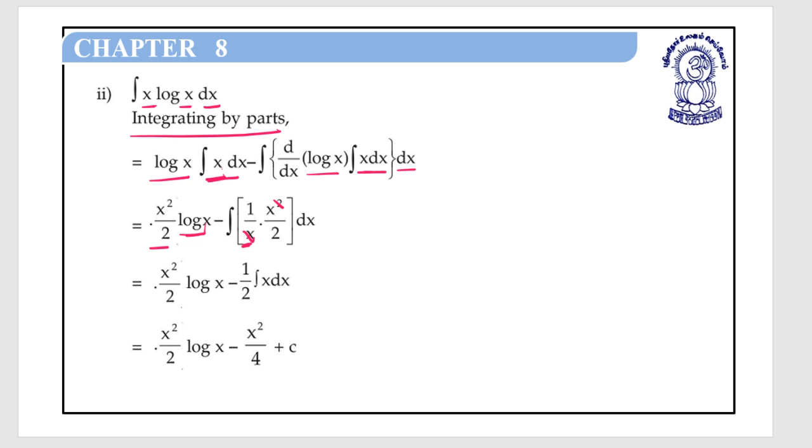The x and 1 by x are cancelled. So x square by 2 log x minus 1 by 2 integration of x dx. Again, integration of x dx is equal to x raised to n plus 1 upon n plus 1. So x square by 2 log x minus x square by 2 into 2, 2 twos are 4, plus c.